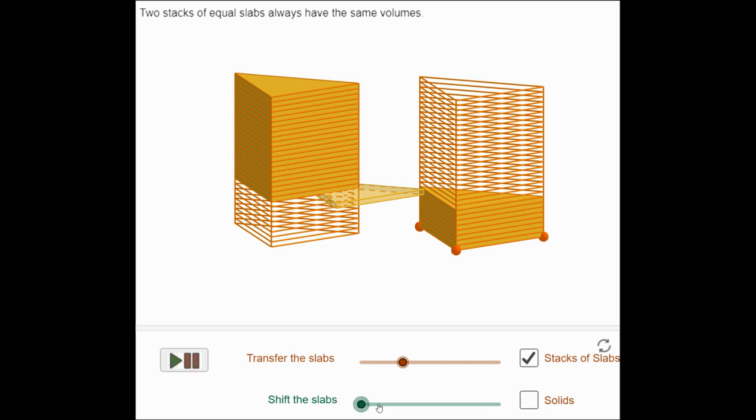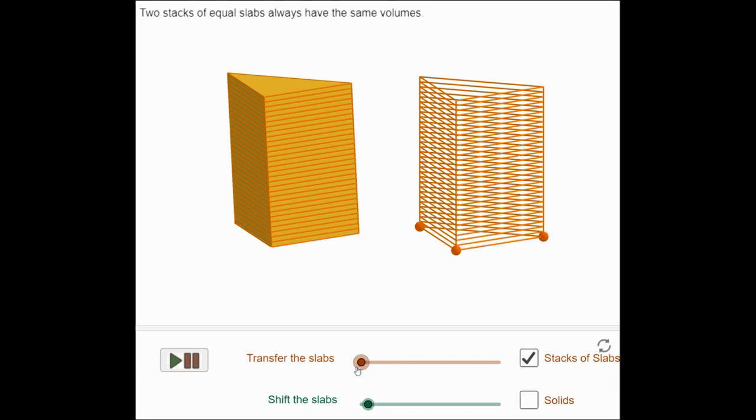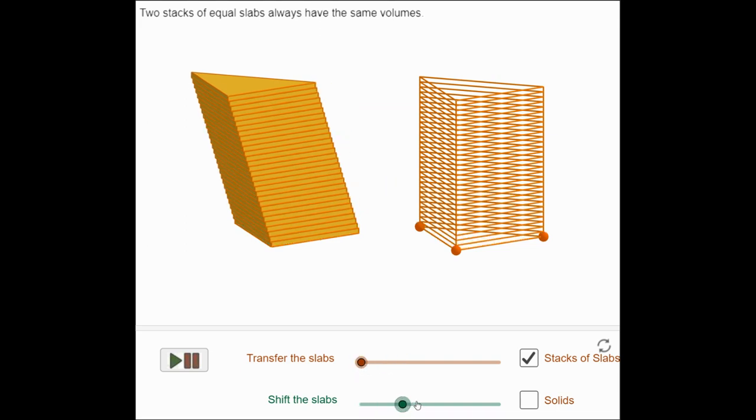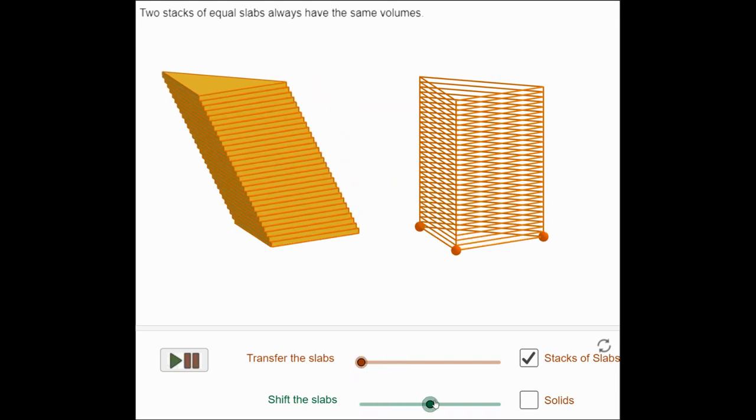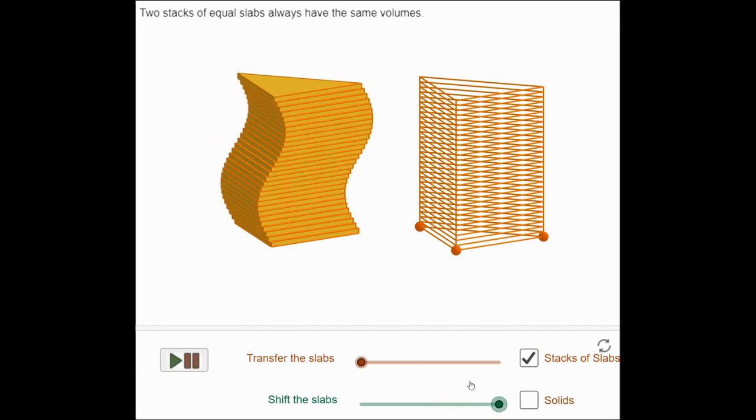Regardless of whether a figure is right, or a little bit slanted, or even curved, if both figures have the same base area on the bottom and the top, and they have the same height, both figures are going to have the same volume. And that's what we refer to as Cavalieri's principle.